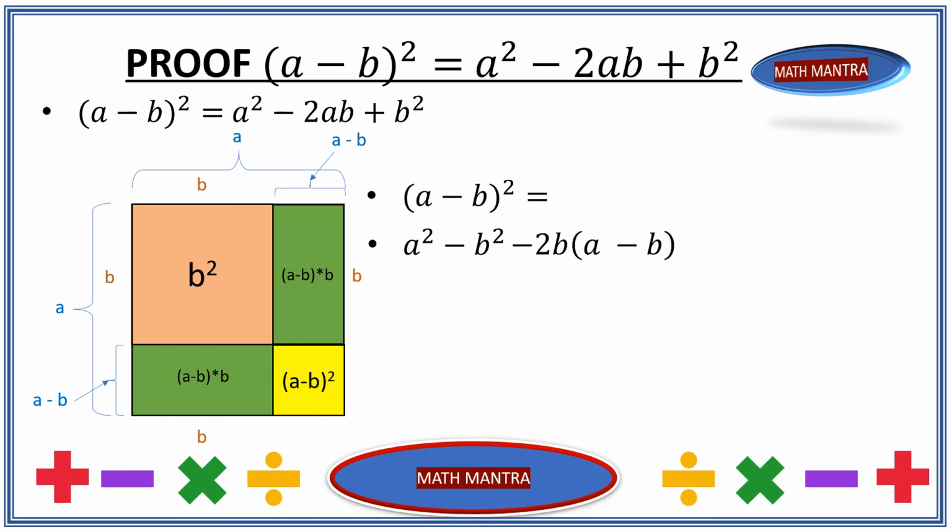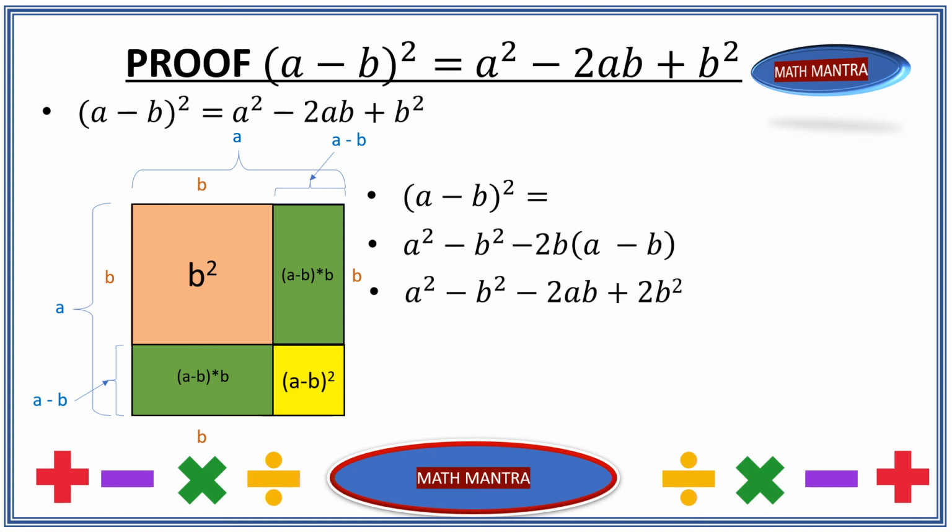Once the expansion occurs, what we come up with is a square minus b square minus 2 times b times a. I'm going to change the way I write it and call it 2 times a times b, because it's the same, right? So 2 times a times b, and taking the b inside, that would be 2 times b square.